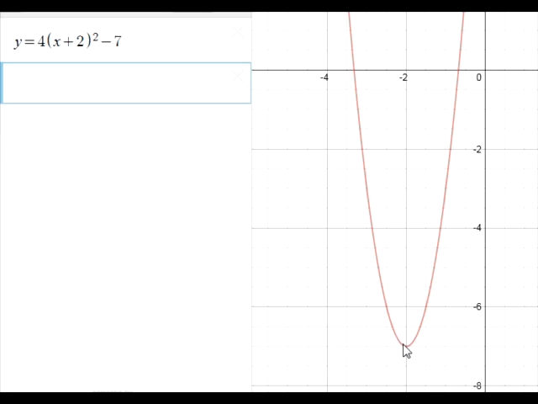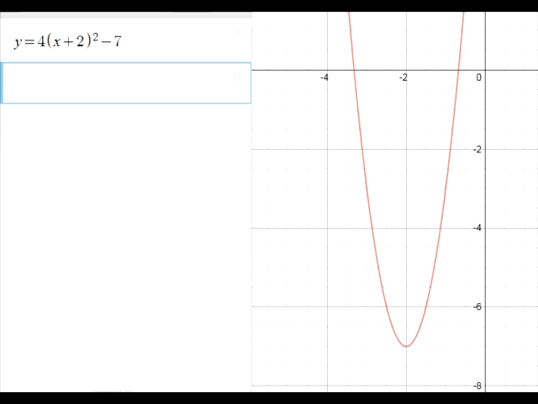Now, since our A value is 4, we're going to go over 1 and then up 4. So that's 1, 2, 3, 4, which is here. So the next point here should be -1 and -3.